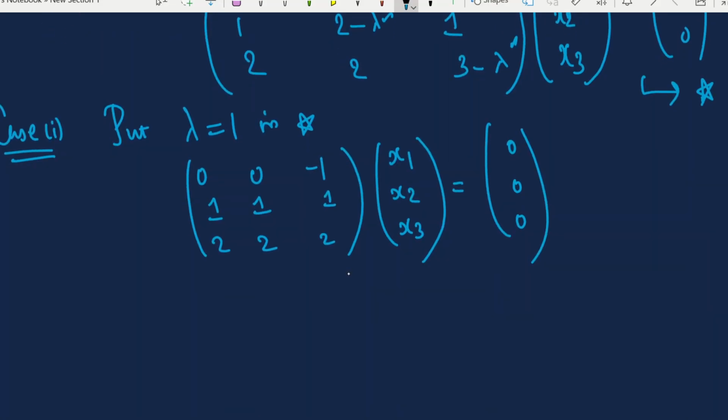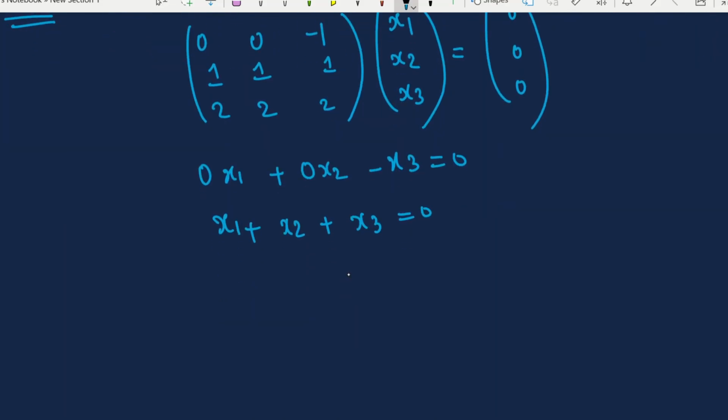Now multiplying these two matrices: 0 x1 plus 0 x2 minus x3 equals 0. x1 plus x2 plus x3 equals 0. And 2 x1 plus 2 x2 plus 2 x3 equals 0.